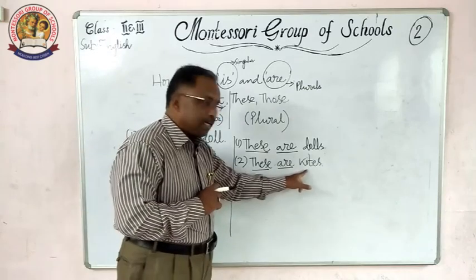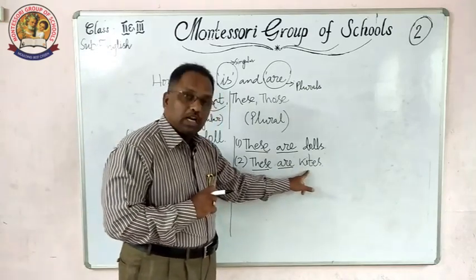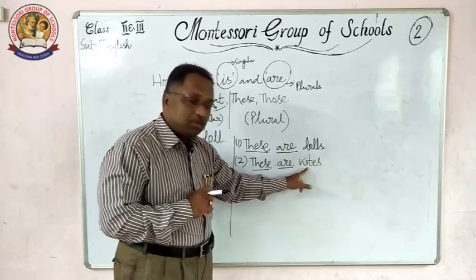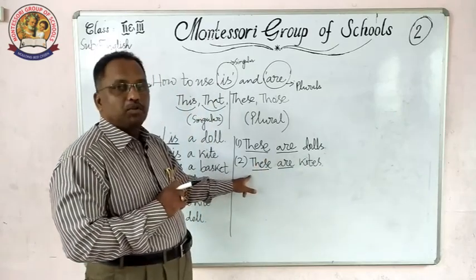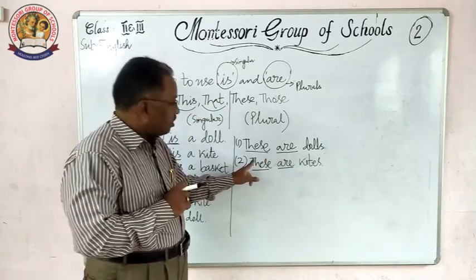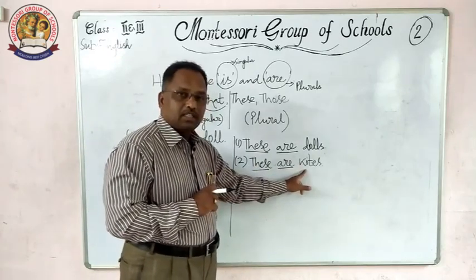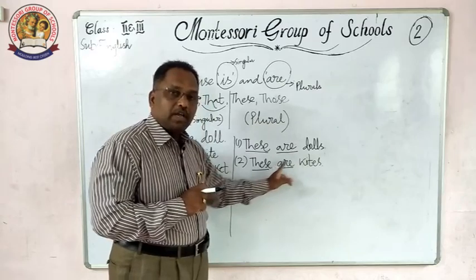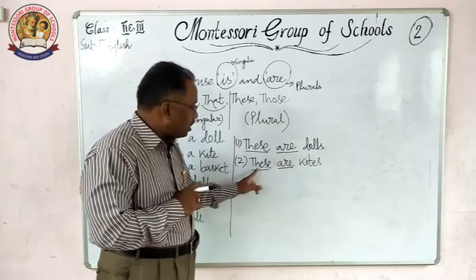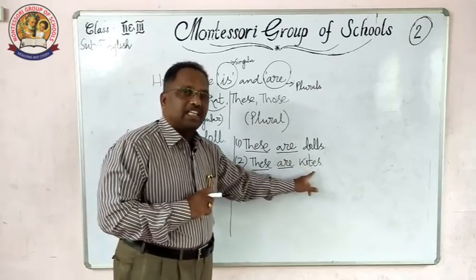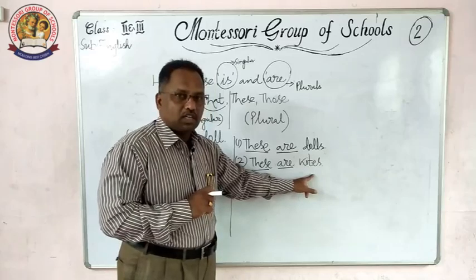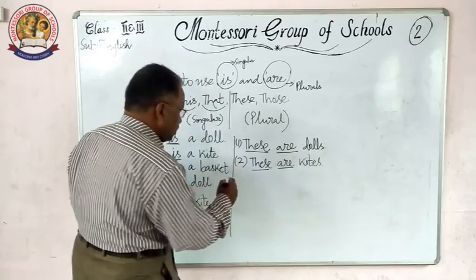Here these are kites. Here kites is plural. It should be plural because the pronoun is plural. So the pronoun and the object must have the same forms. We cannot write these are kite. It is wrong.